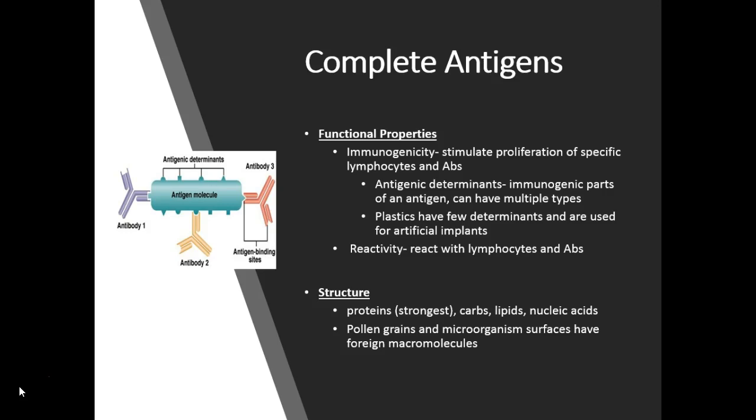So generating those antibodies in response to that antigen. Reactivity is the ability of the antigen to react specifically with the antibodies or cells that it provokes to be made. So substances with both immunogenicity and reactivity are what we consider to be complete antigens.